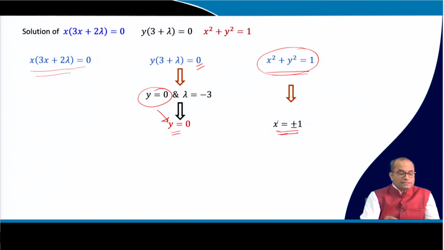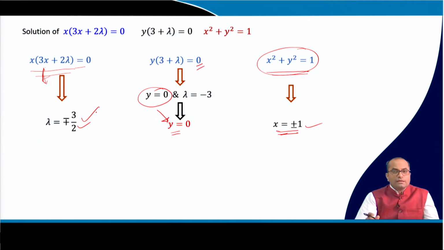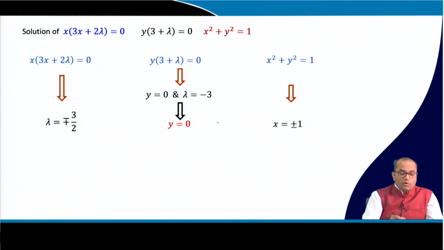Here the x is plus and minus 1, so we have to use this x plus minus 1 here and get the possible values of lambda. When x is plus 1, we will get lambda as minus 3 by 2, when x is minus 1, we will get lambda as plus 3 by 2. So, we have the point plus 1, 0 and then minus 3 by 2 for lambda.